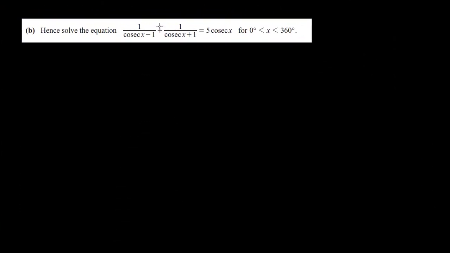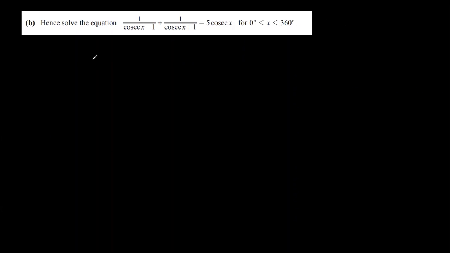Hence, solve the equation. The left side is exactly what was there in the first part, and the second one is 5 cosecant x. So the left hand side was converted to 2 tan x secant x, equal to 5 cosecant x.